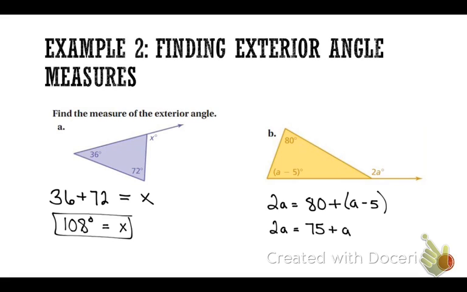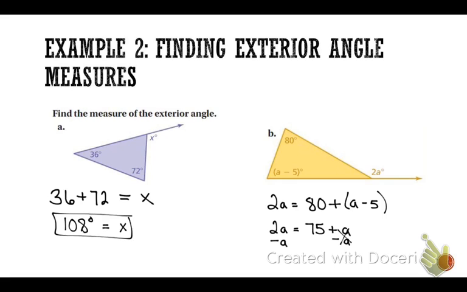So instead, here's my rule of thumb. I want to choose the lesser of the two variable values. So is a lesser or 2a? A is less. So to move it to the other side, I do the opposite operation. Does everybody see that a is positive? So I will minus a to the other side.